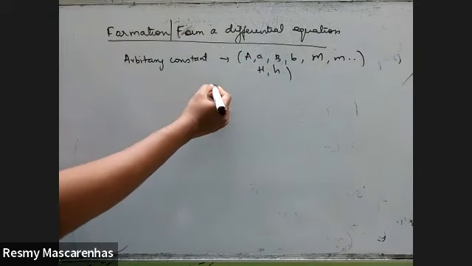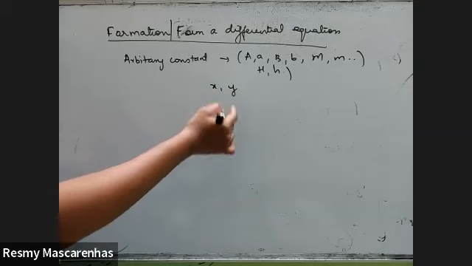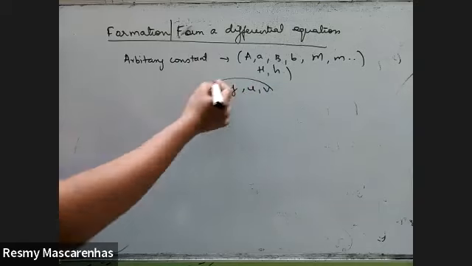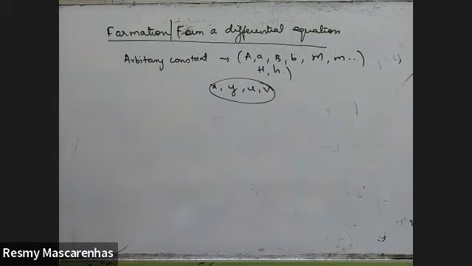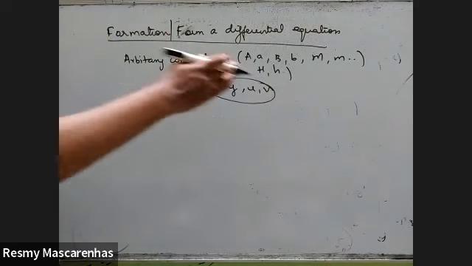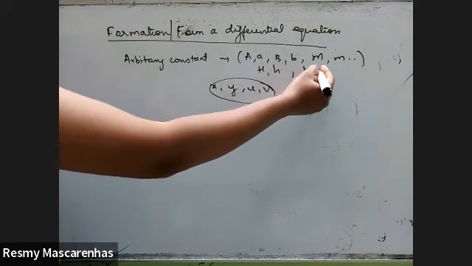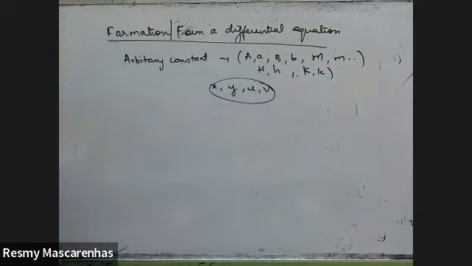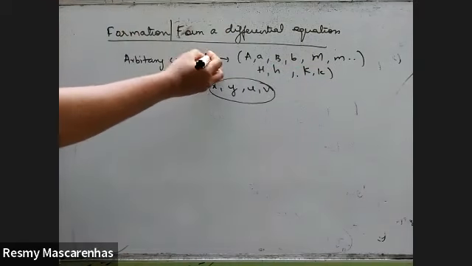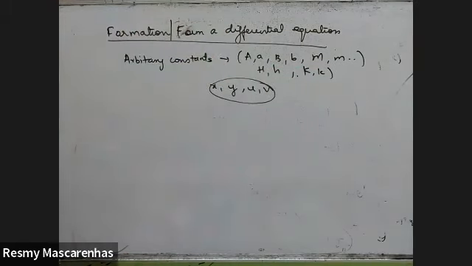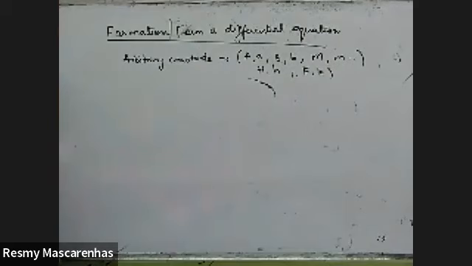Other than these, normally your variables are X, Y, U, V. These we use normally for variables. For constants we can use A, B, M, K also. Mostly these are the letters used for constants. P, Q also could be. So these are called arbitrary constants.